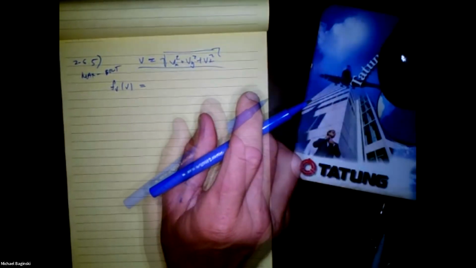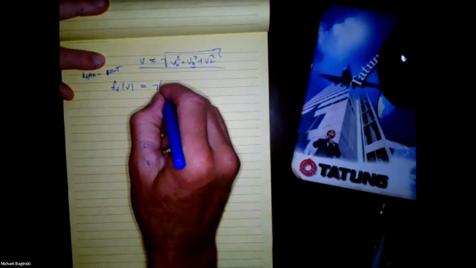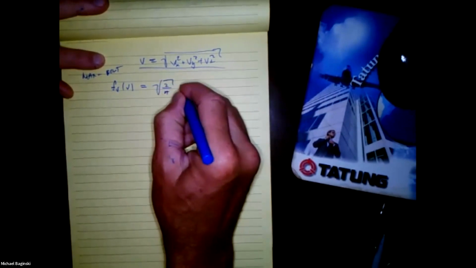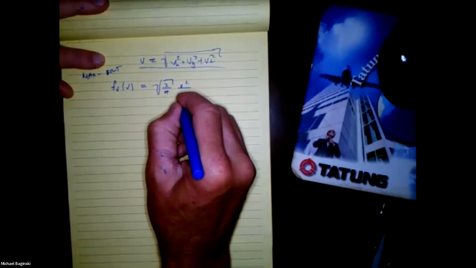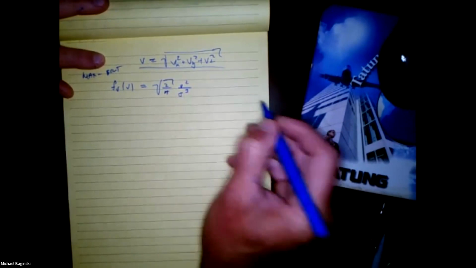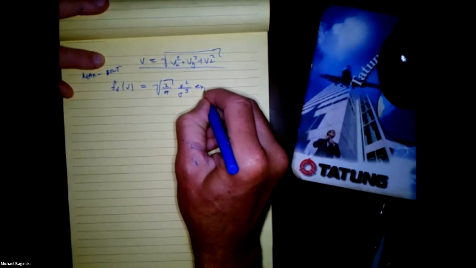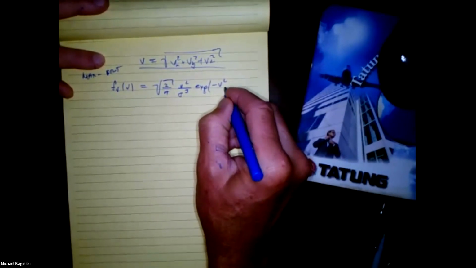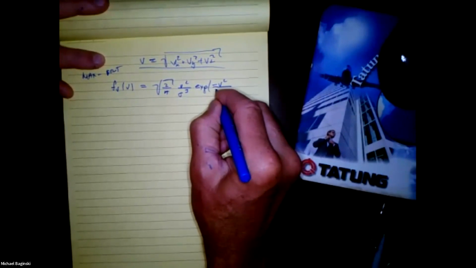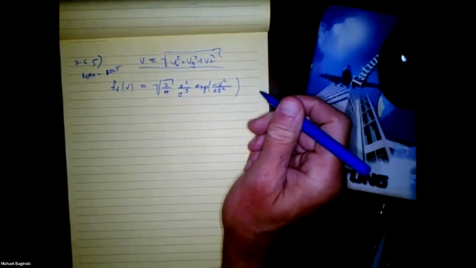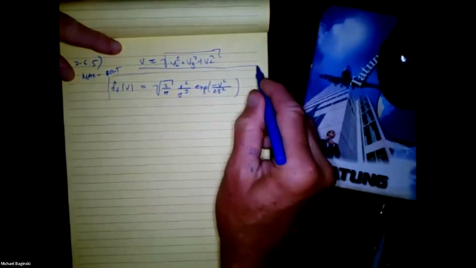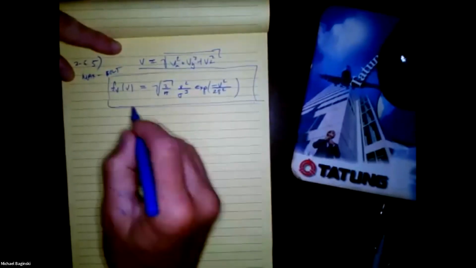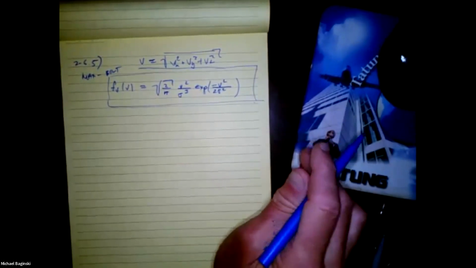In his book, it's square root of 2 over pi, V squared over sigma cubed, and then you have the same exponential. I've got to make mention: this is the density function, the PDF for the Maxwell-Boltzmann.